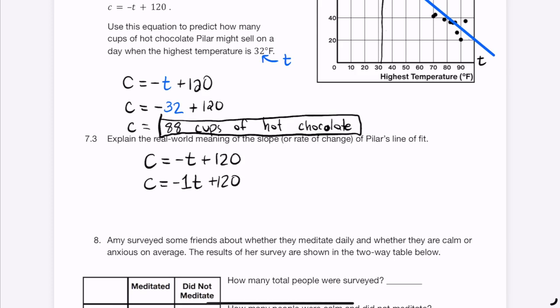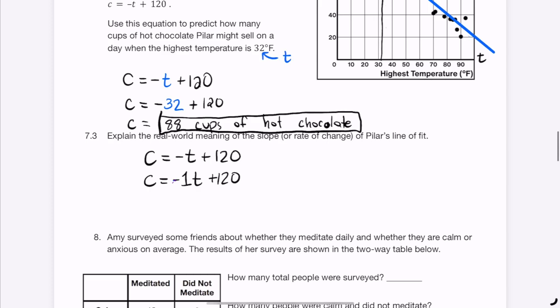Because when we have that negative T, the number in front of the variable, that the variable is being multiplied by, that's going to be my slope in that M position. But we don't often write a 1. 1 times T is just T. So we're omitting that. But our slope or our rate of change is -1 in this case.